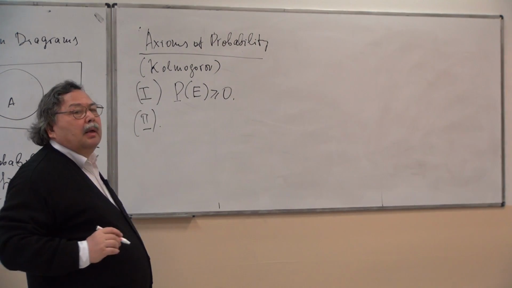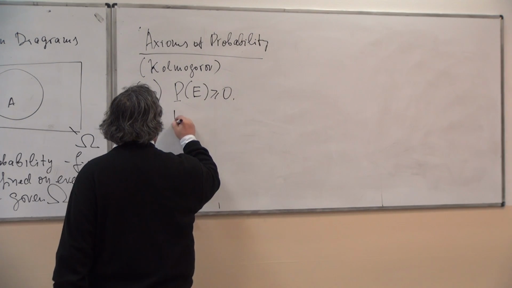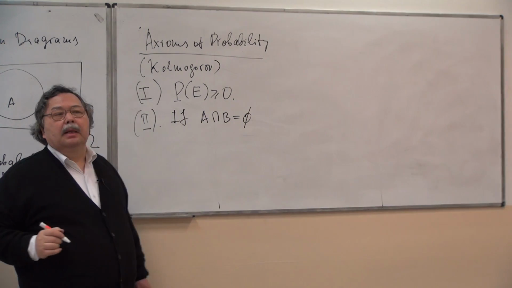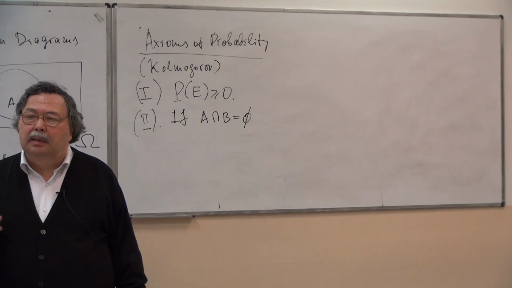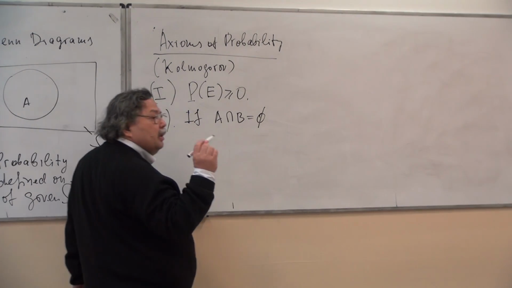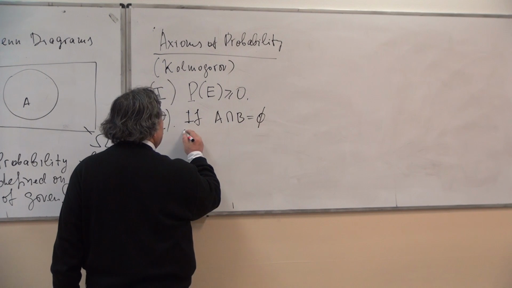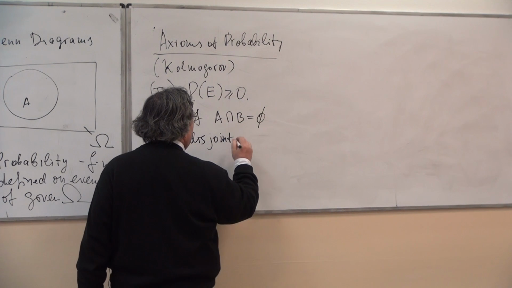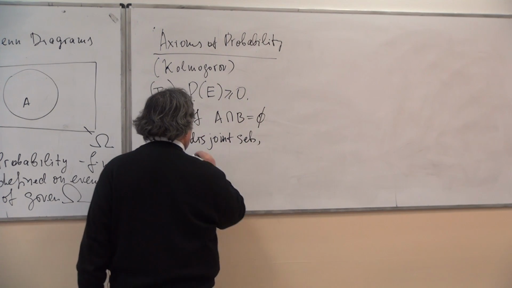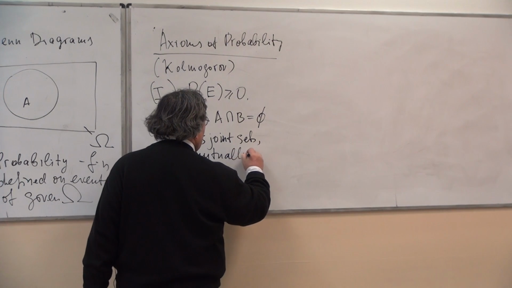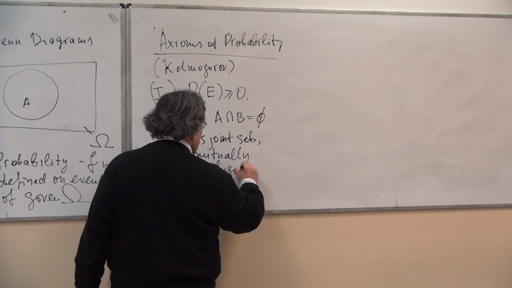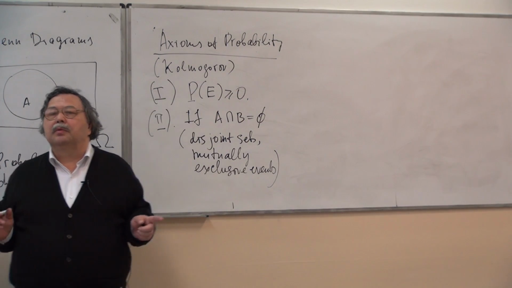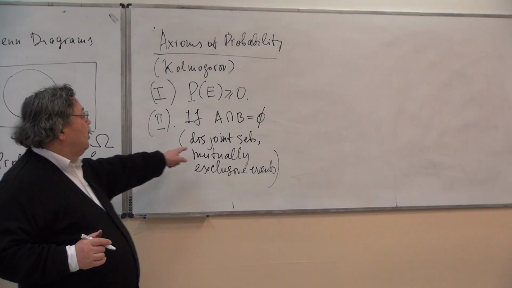Axiom 2. If A intersect B is an empty set: if the intersection of 2 sets is an empty set, then the term used is this.